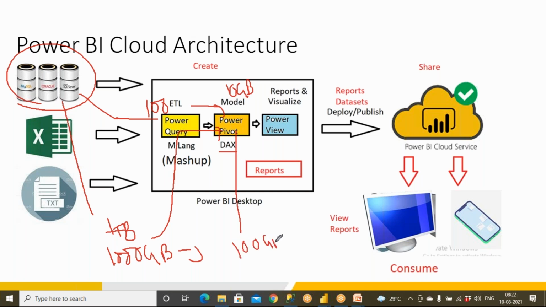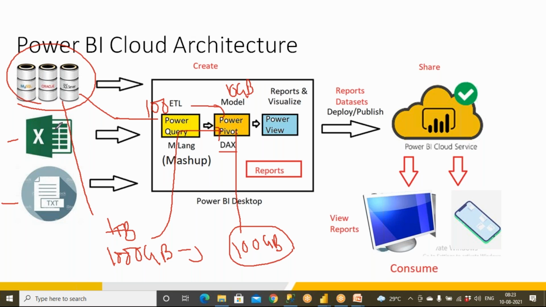Now 100 GB cannot be stored as part of your Power Pivot database. Clear? So we don't get 100 GB Excel files, 100 GB text files. Okay, we don't have this option for import and direct query. We have it only for the SQL databases, because that's where you have terabytes of data.